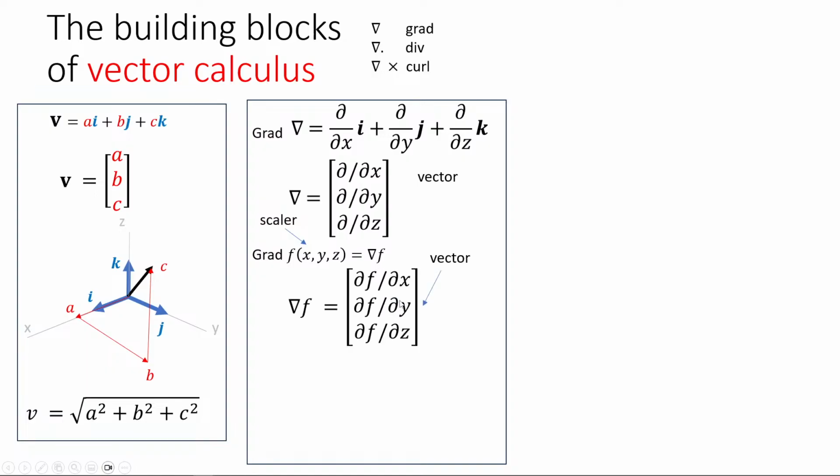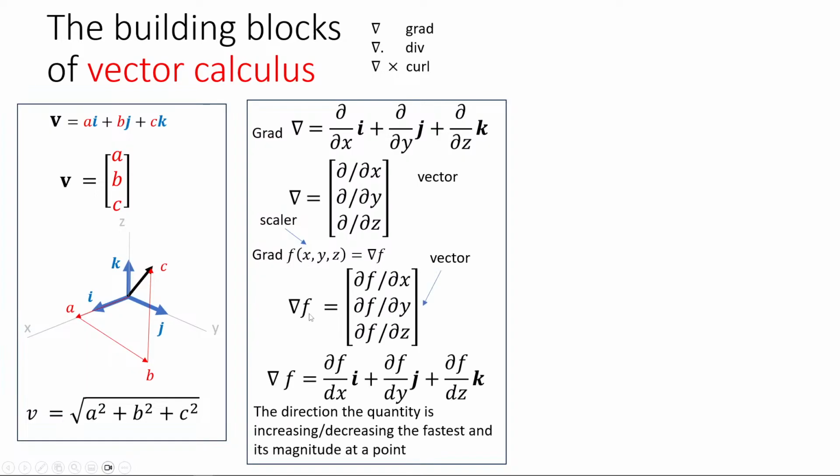It's a vector, and this is my function. So the direction is where the quantity is increasing or decreasing the fastest, and its magnitude at the point. So basically, what is this gradient telling me?